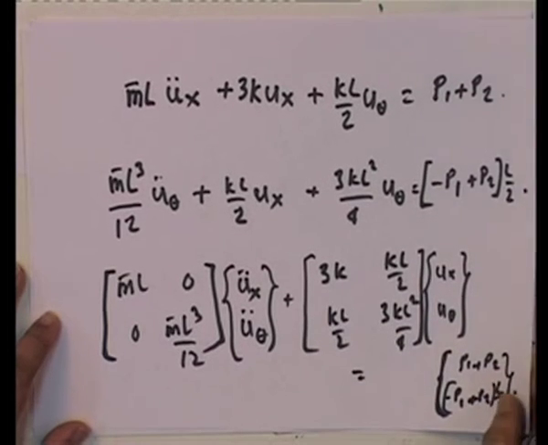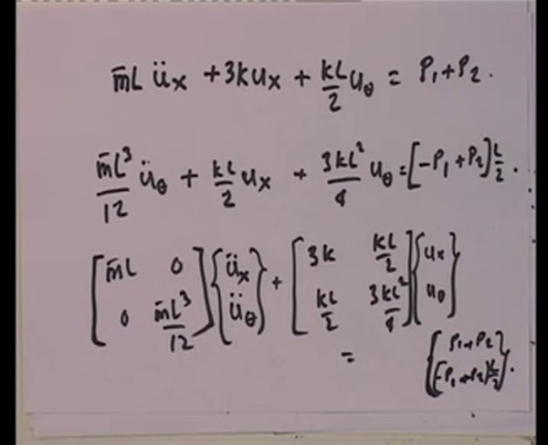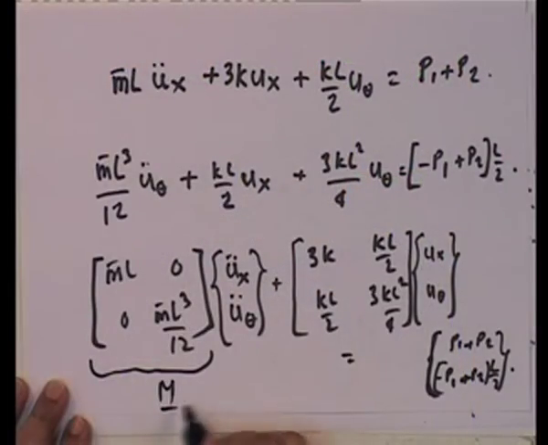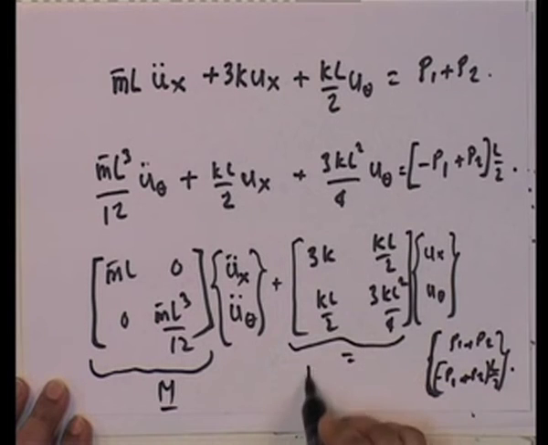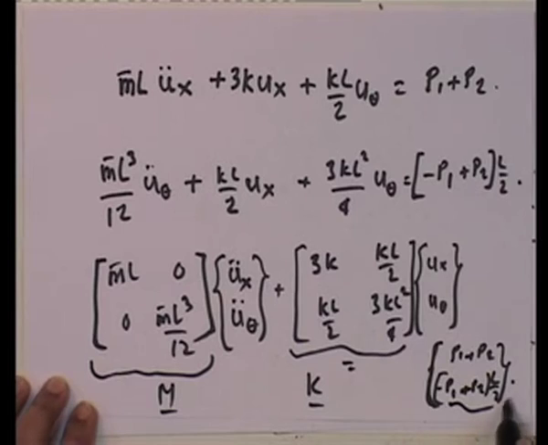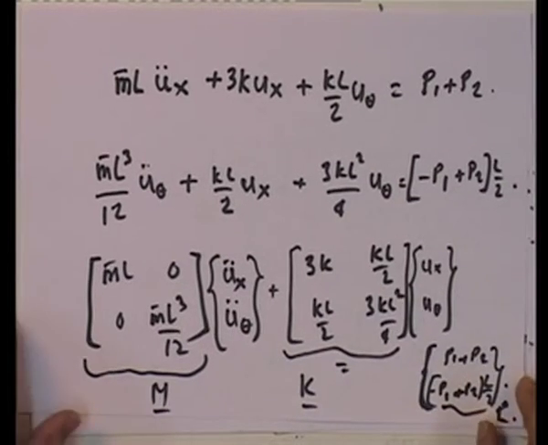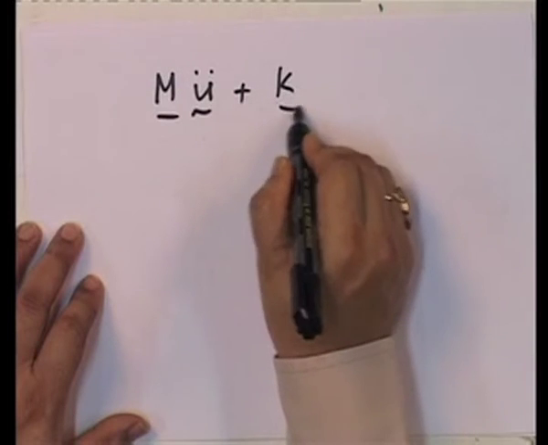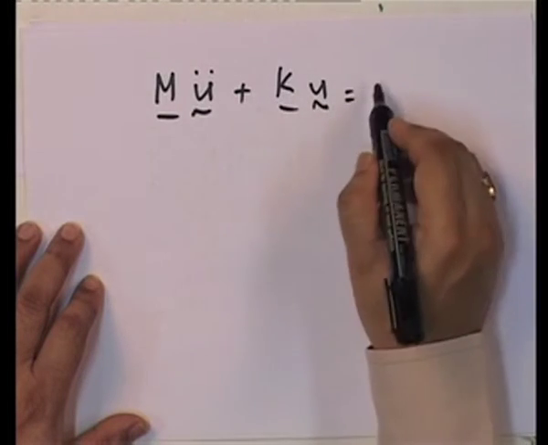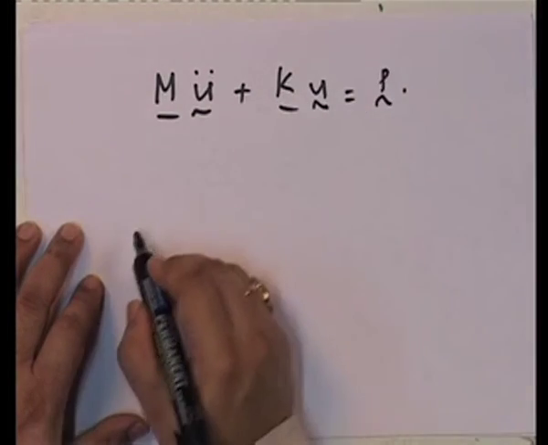Okay. So, this is what we get in this particular equation. So, this is the mass matrix, this is the stiffness matrix, and this is the load vector. So, finally, what does it look like? m into u double dot plus k into u is equal to p.